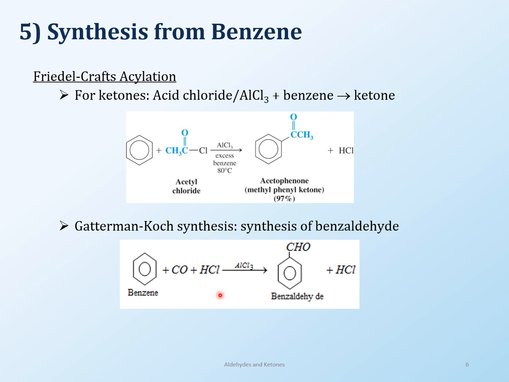You don't write it out like that because it's generated in situ. In situ means within the reaction. So within the reaction, you generate the formyl chloride by using carbon monoxide and hydrochloric acid. And of course you have to use the catalyst in both cases. But anyhow, you can make benzaldehyde using the Gattermann-Koch synthesis.